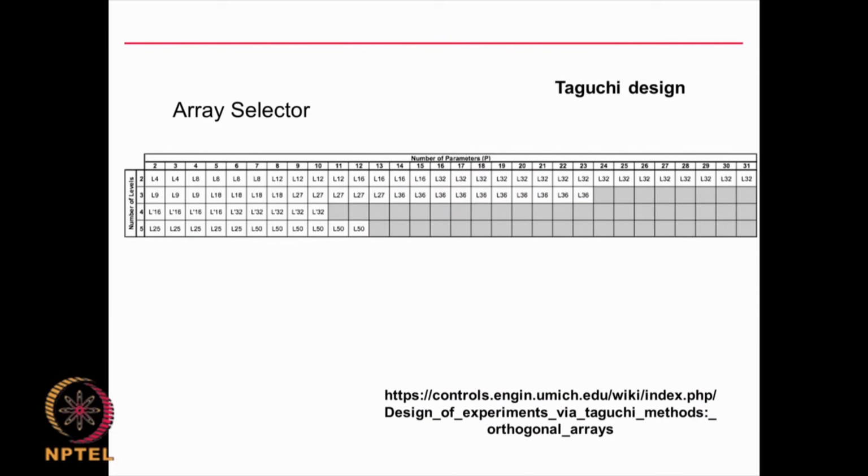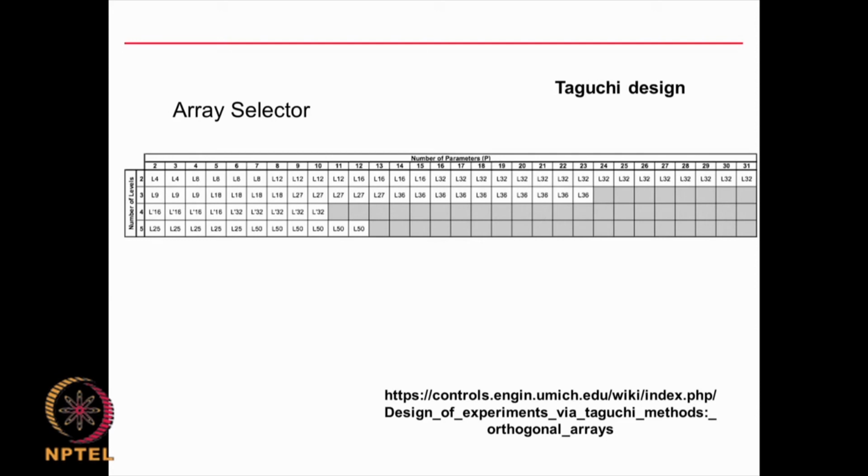So, initially during screening design we do all the experiments at 2 levels, okay, whether it is 2 raised to the power n or 2 raised to the power n minus 1 or whatever it is, okay. So, we will have -1 and +1 as your coded experimental strategy, okay.